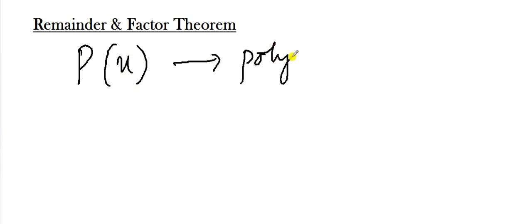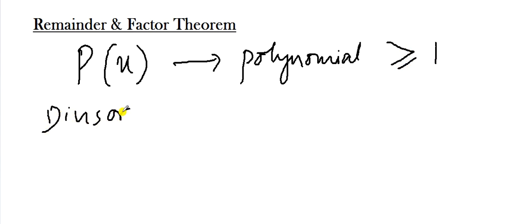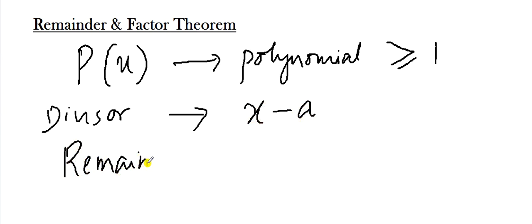If p of x is the polynomial, okay, whose degree is greater than or equal to 1, and if p of x is divided by a linear polynomial of the form x minus a, okay, then the remainder is given by the value p of a.